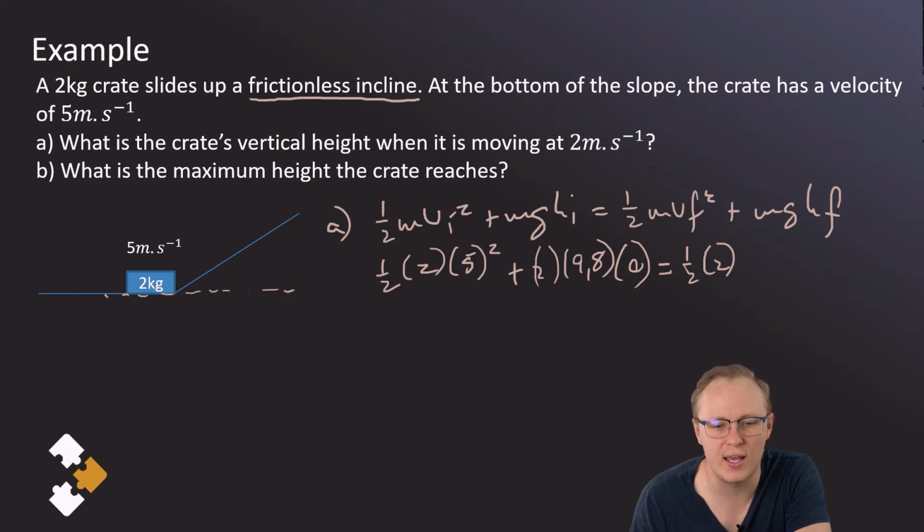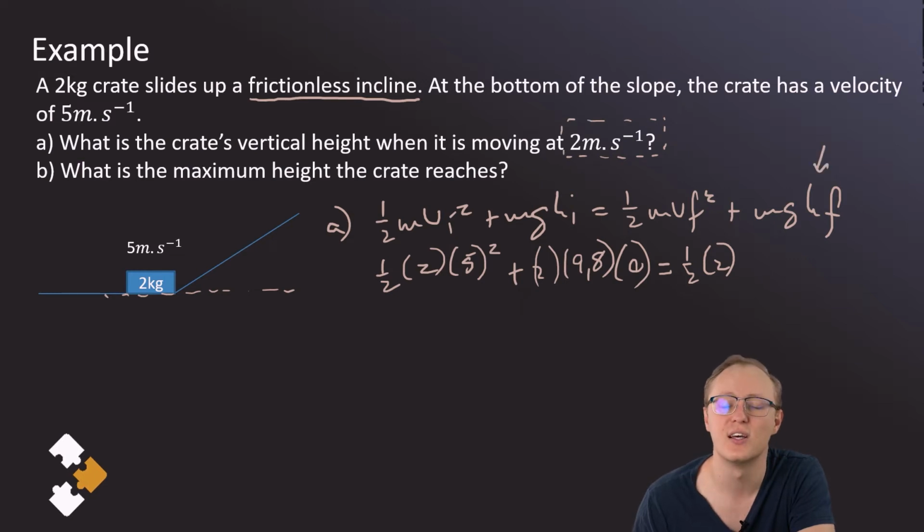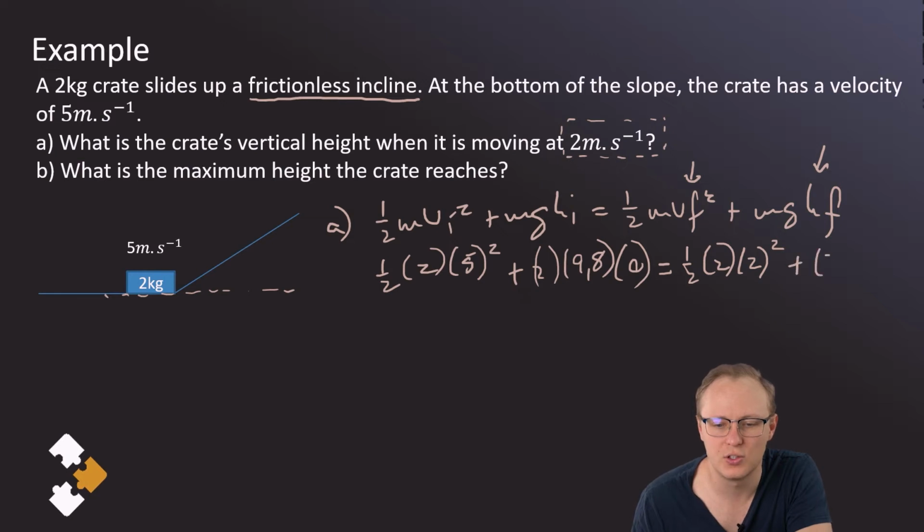Now, v_f squared, they tell us, is the 2 meters per second, because we want to know the vertical height when the velocity is 2 meters per second. So I'm going to make that 2, I'm going to remember to square it, and then it's plus 2 times 9.8 times this h_f here.